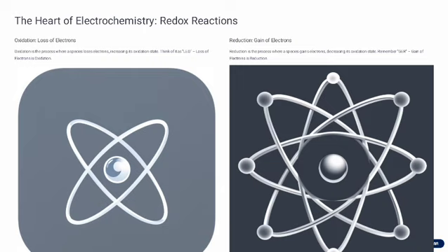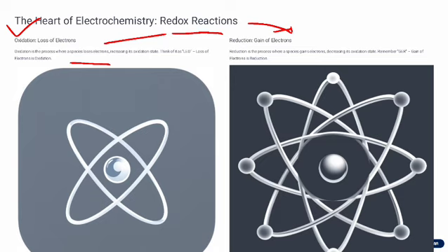And the main principle and the heart of electrochemistry is redox reactions, which include oxidation and reduction. Oxidation means loss of electrons or gain of oxygen. Remember the word O, which means oxygen gain.